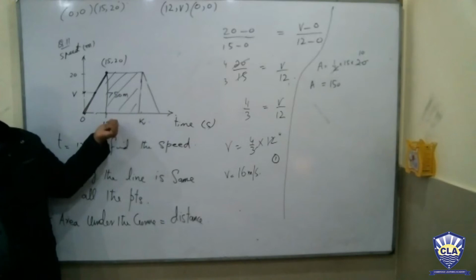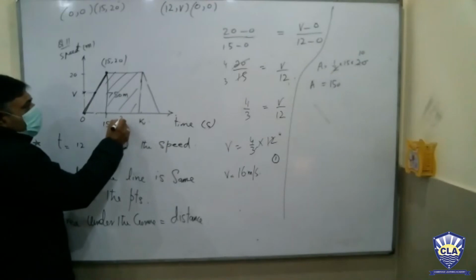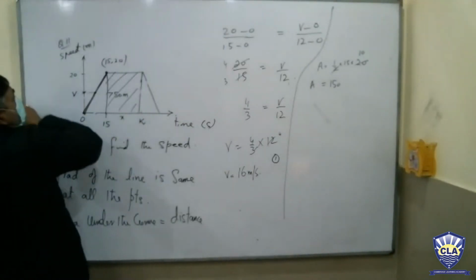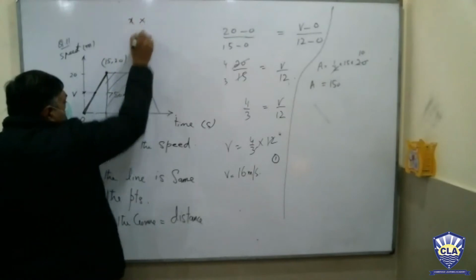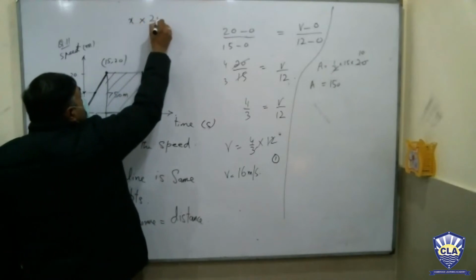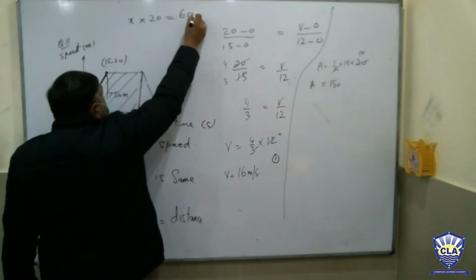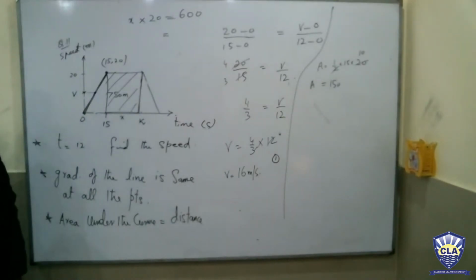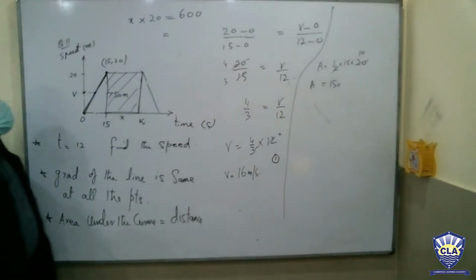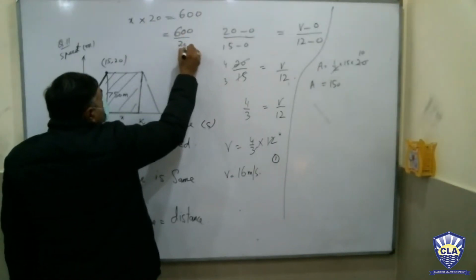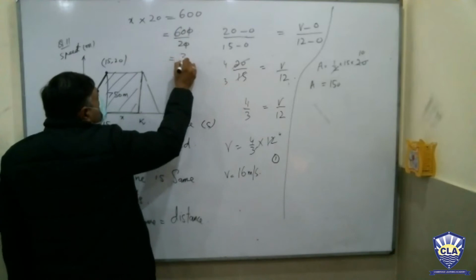Let this length be x. So x into height 20 equals 600. Divide 600 by 20, you will get 30.